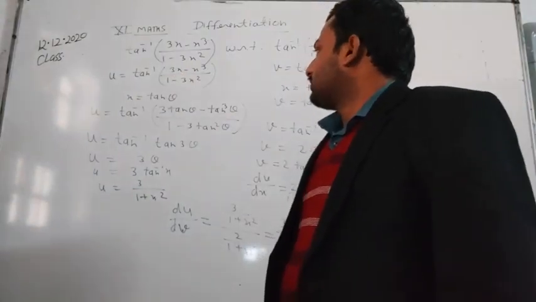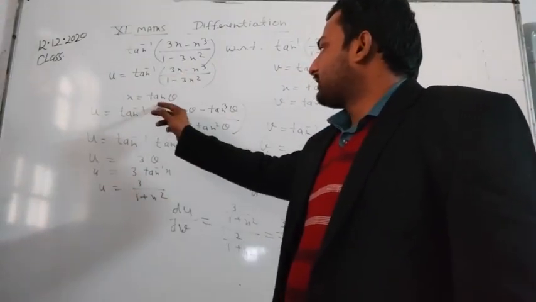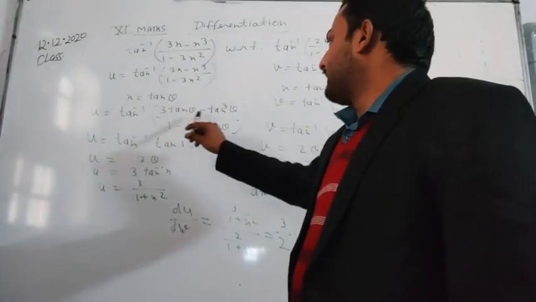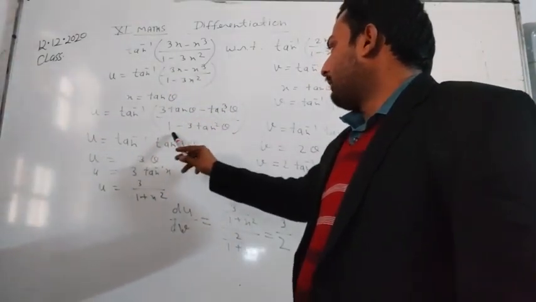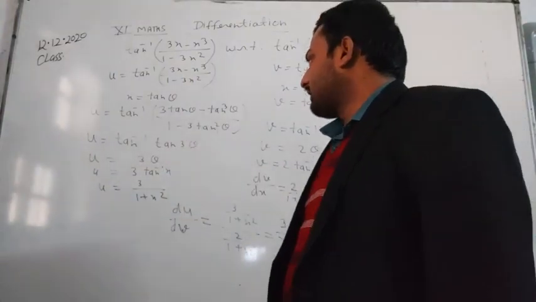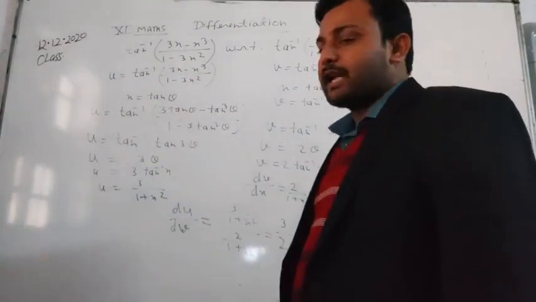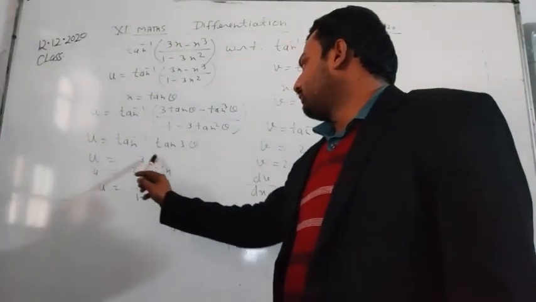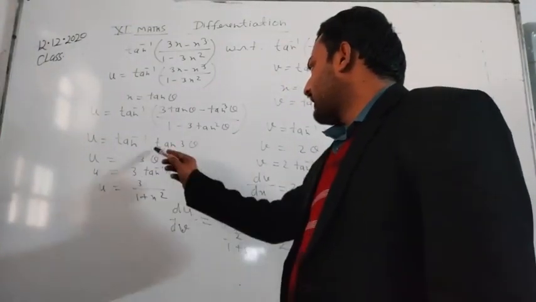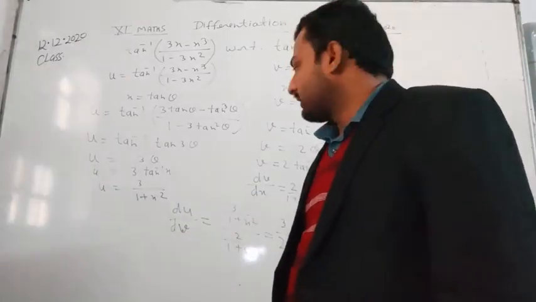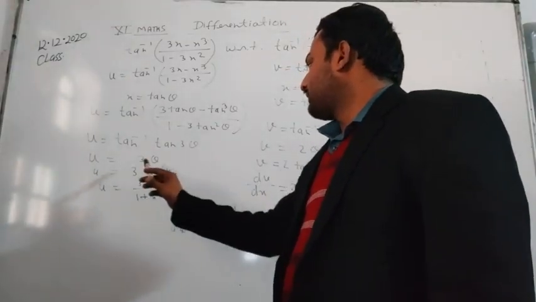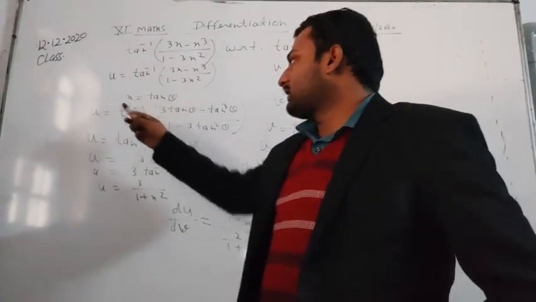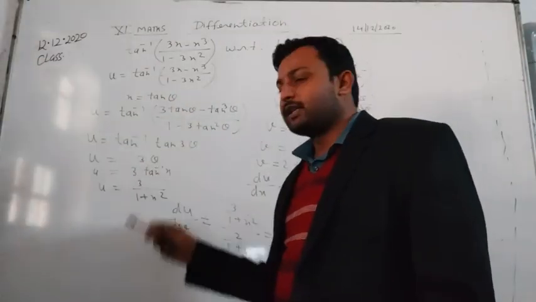So we have taken let x is tan theta. When we substitute here, we get 3 tan theta minus tan cube theta upon 1 minus 3 tan square theta, and this is the formula of tan 3 theta. We know it well. So we can write u is equal to 3 theta, because tan and tan inverse will cancel. So u is equal to 3 tan inverse x, because theta is tan inverse x. So we can replace theta with tan inverse x.